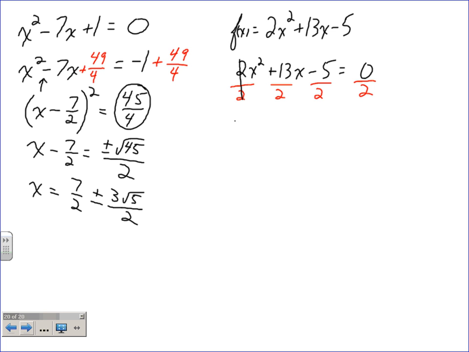So here I have x squared plus 13 halves x minus 5 halves, and 0 divided by 2 is still 0. Add the 5 halves to both sides. And now let's complete the square.